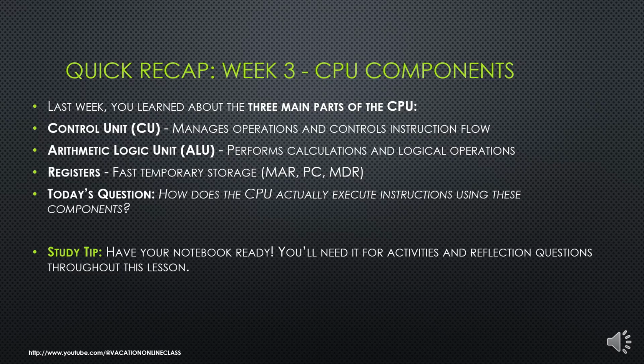Second, the arithmetic logic unit, ALU, where all the heavy lifting, that's the calculations and the logical true or false decisions, takes place. And finally, the registers such as the MAR, PC, and MDR, which serve as the CPU's ultra-fast temporary storage spots.